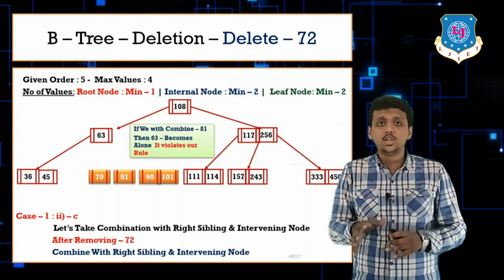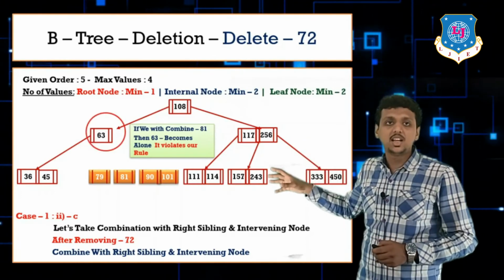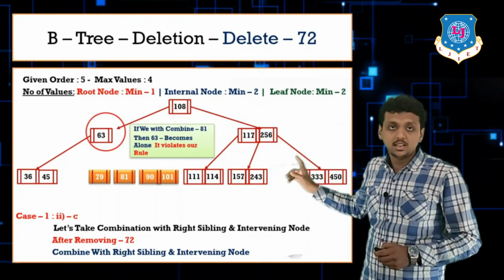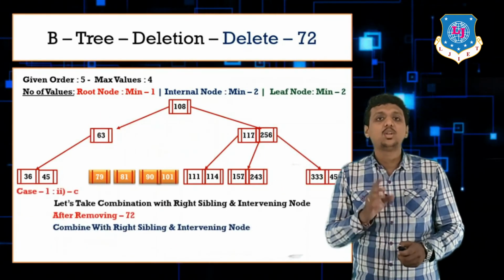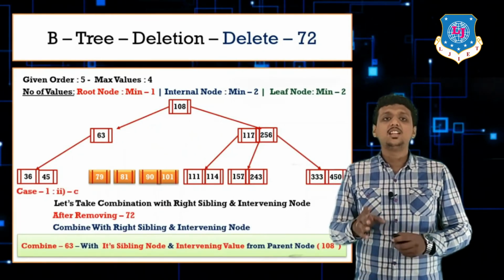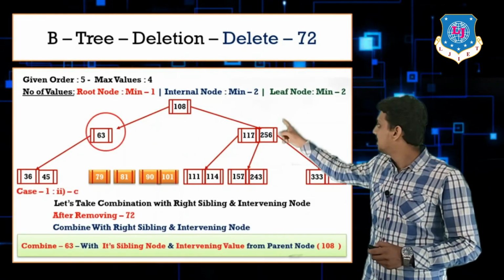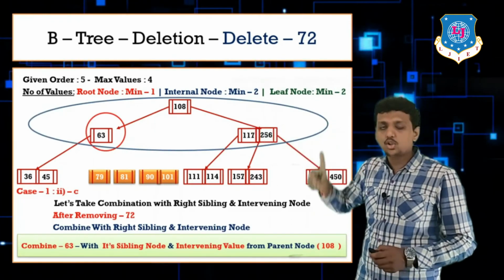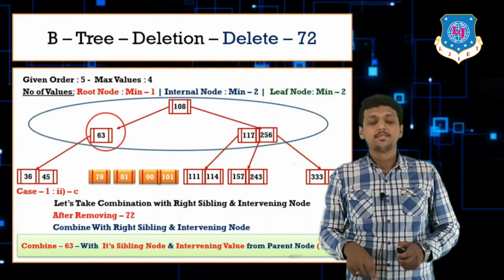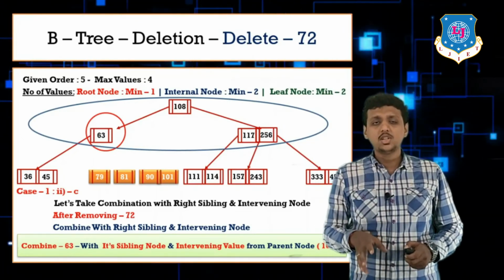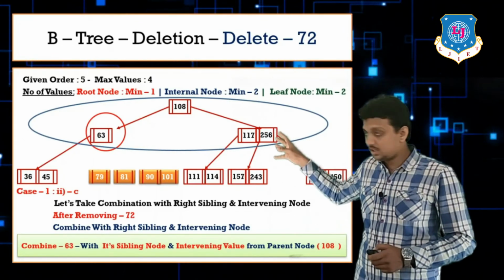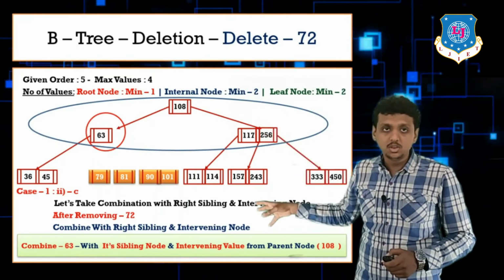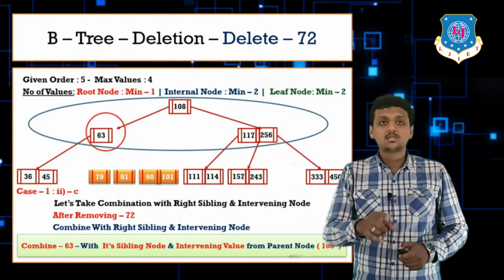So what we need to do is combine 63 again with which sibling? Its sibling 117 and 256, and the intervening node, that is 108. So these four nodes are combined together. So why am I doing such operations? Because after taking 81 down, 63 becomes alone.